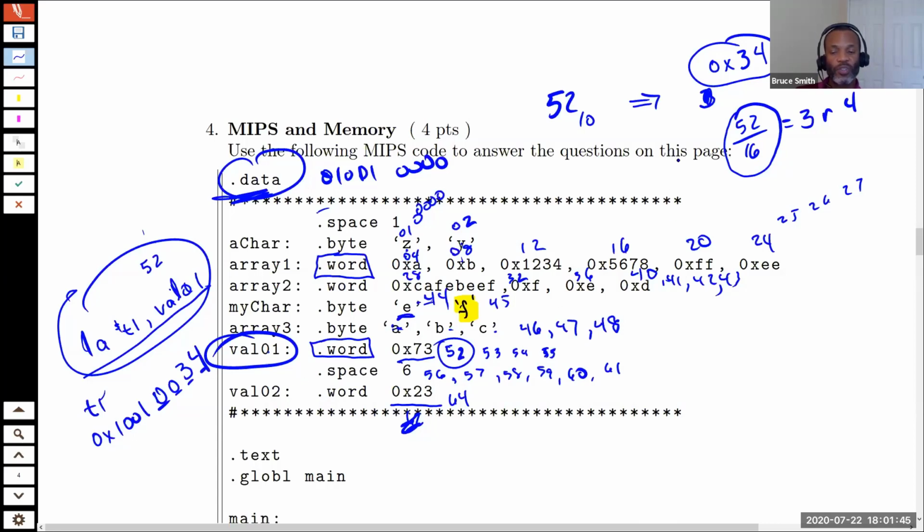So that is the actual address. It is 52, but it's a hex value that I'm showing. Since the numbers that I give you are going to be quite small, this will always work. Divide by 16 and use these two values to populate the hex value.